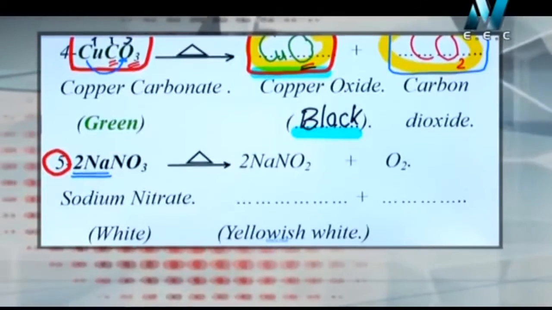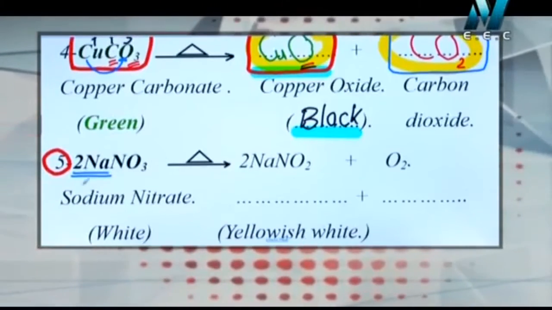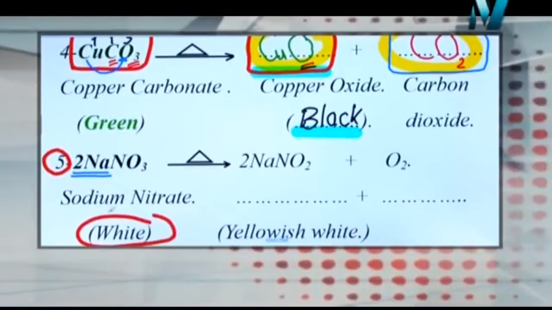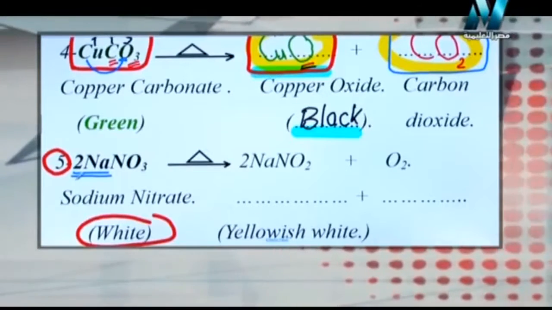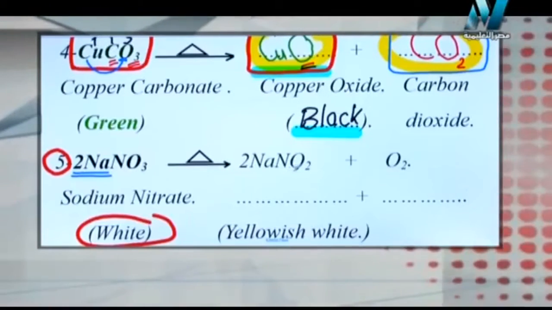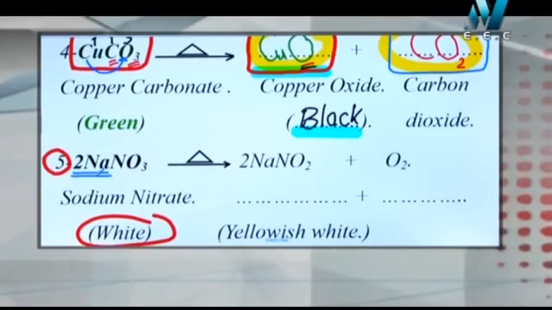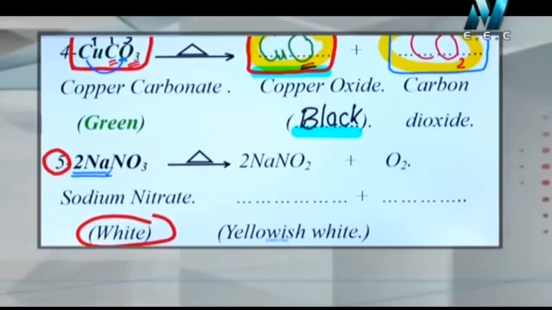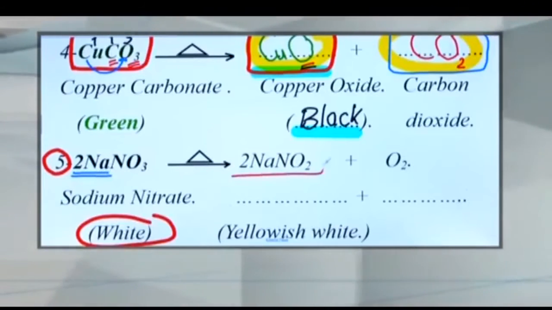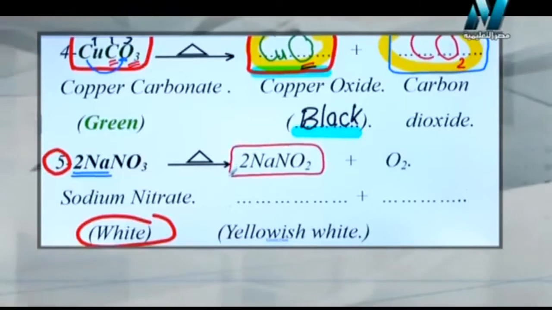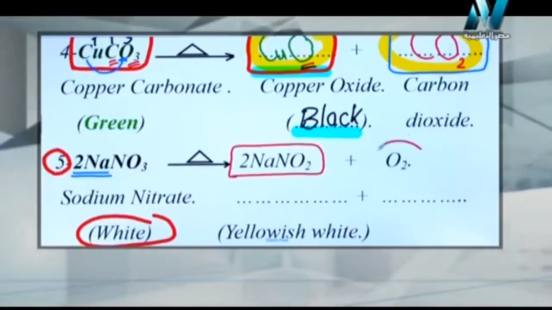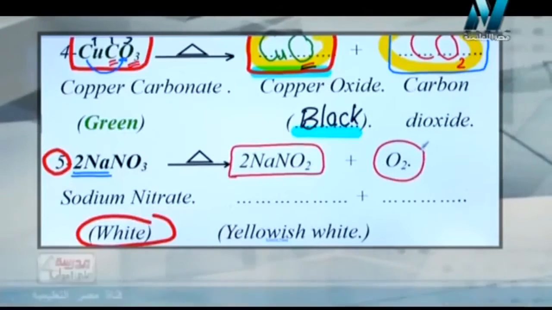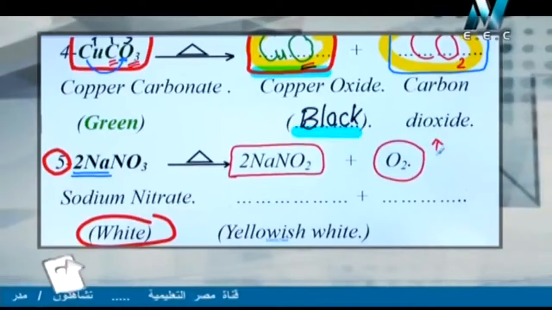Here we have sodium nitrate, white color, as you see. We will decompose into sodium nitrite because sodium is a monster here, it takes everything, 2NaNO2, and just leaves the oxygen molecule, oxygen gas evolves.